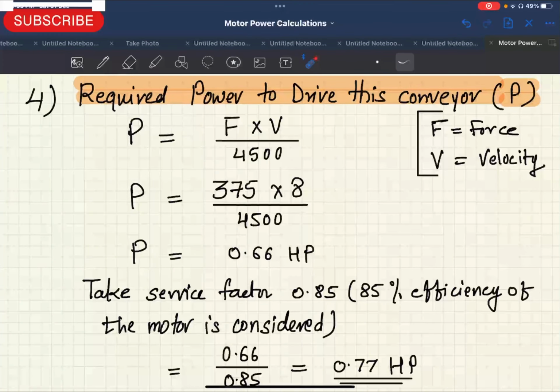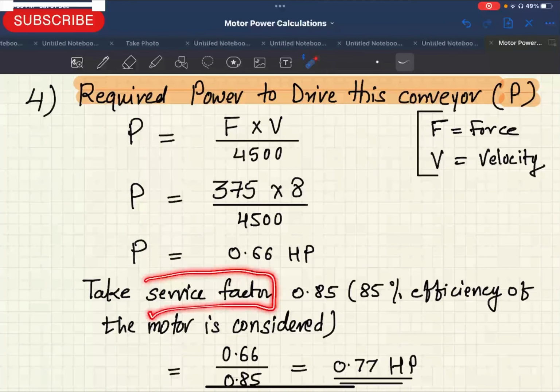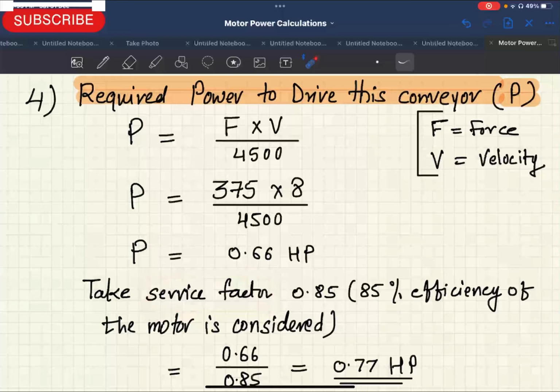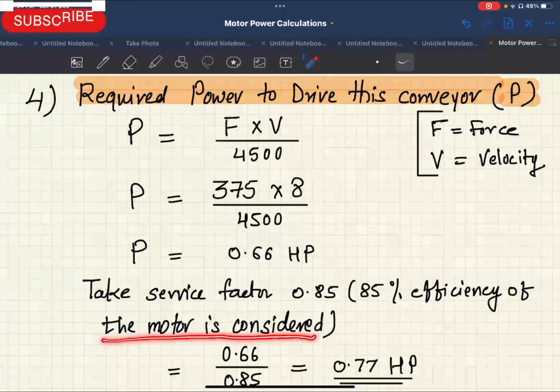But wait, we are forgetting an important factor, which is the service factor of the motor, which we have considered here as 0.85, meaning 85% efficiency of the motor is considered.